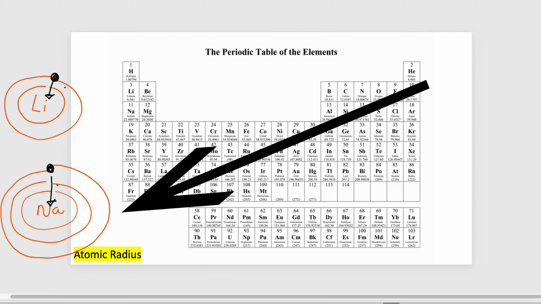Therefore, sodium is going to be a little more expanded and have a greater atomic radius. So what we can see is that as you go down the periodic table, your atomic radius increases.